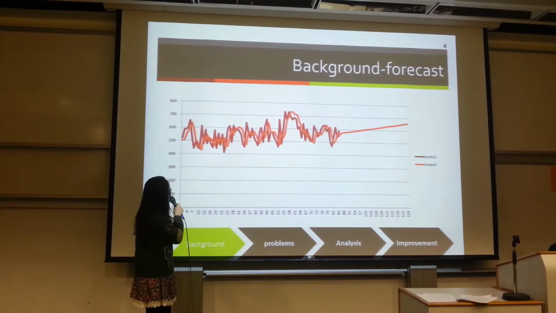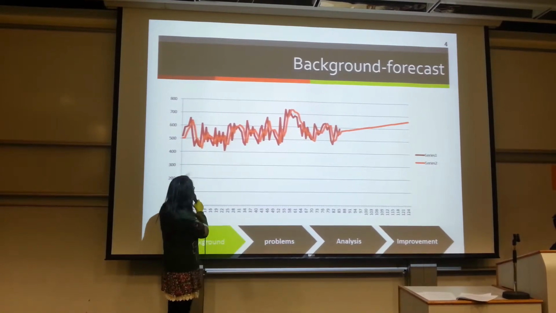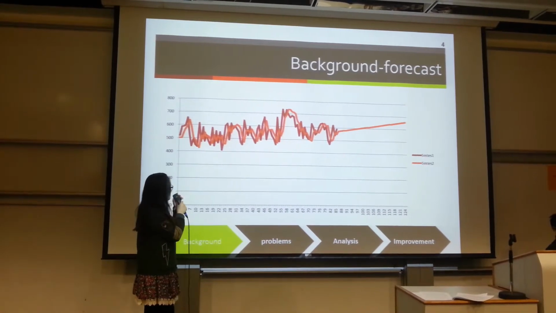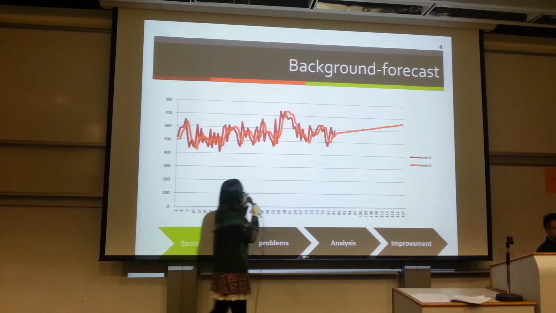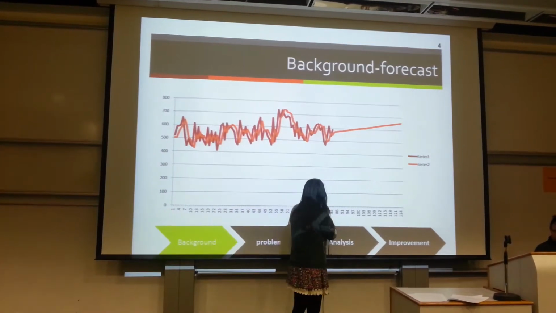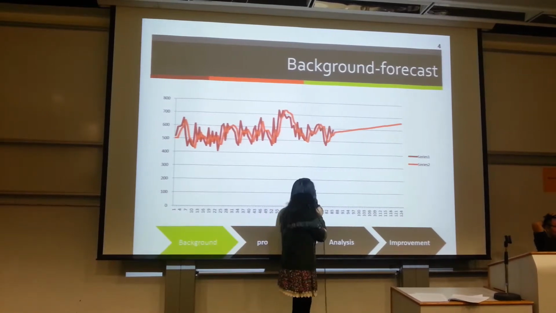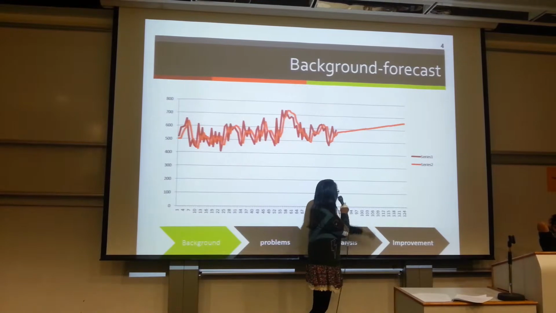The blue line is the real orders every day, and the orange line is our forecast. So we see they match each other, and we also do the forecasting here. We use the previous 85 days of data to forecast the products in the future.